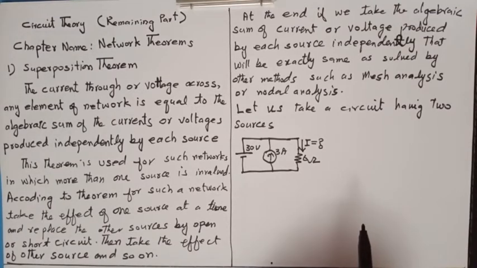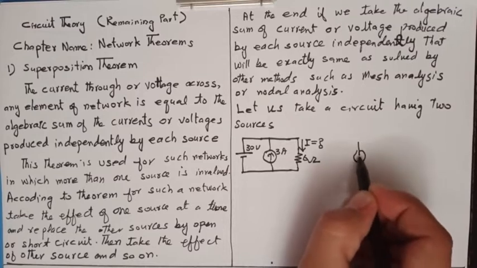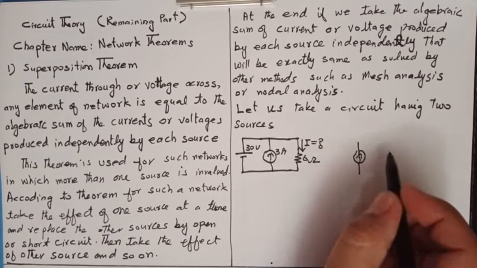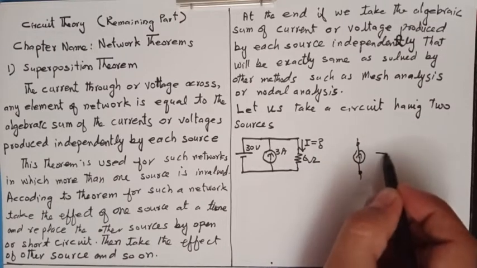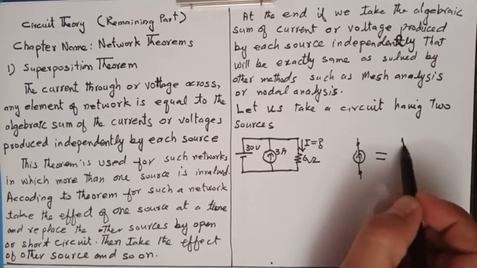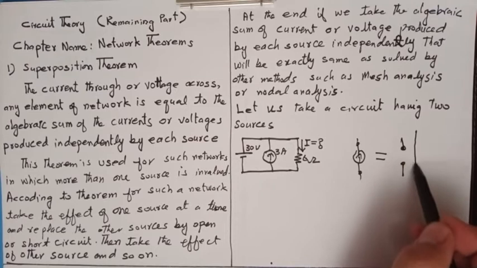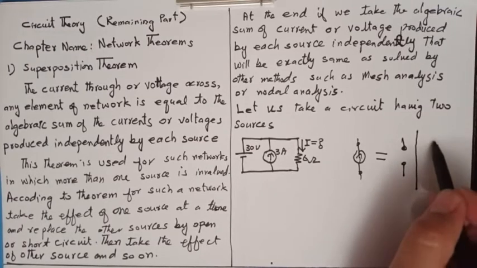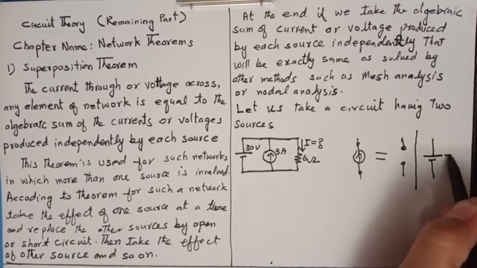The rule given for this is that if there is any current source and you want to replace it, like this is a current source, you can replace it by an open circuit, just like this. And if there is any voltage source, then you can convert it into a short circuit.